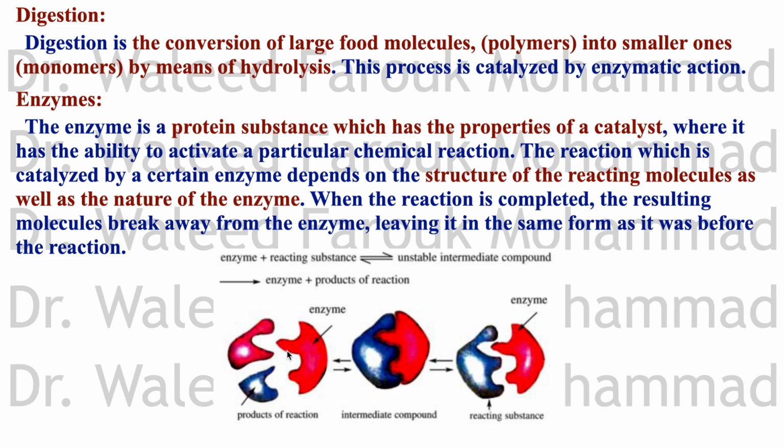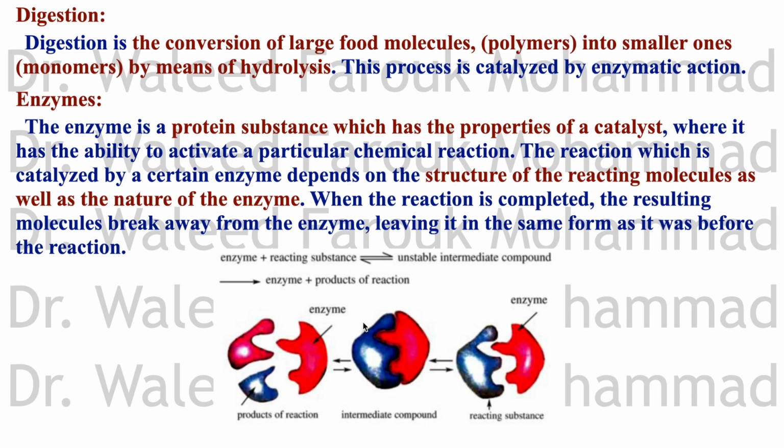Okay, so the enzyme can catalyze: plus reacting substance, an unstable intermediate compound is formed, and then the enzyme separates from the products of the reaction, and the enzyme didn't change its nature.